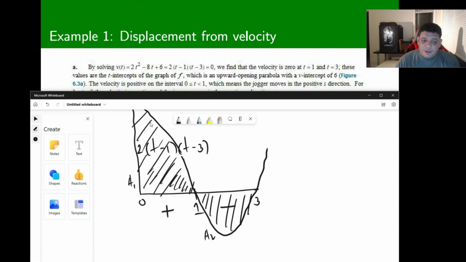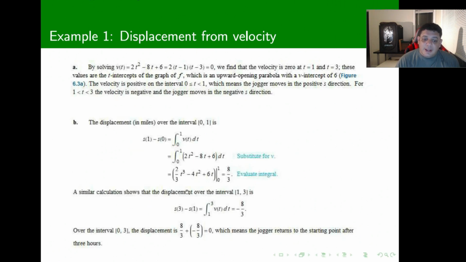So pretty much this area that we have here is going to be the same as this area that we have over here. And the total displacement from 0 to 3 is going to be 0. So that means that the jogger is going to return to the starting point after 3 hours.